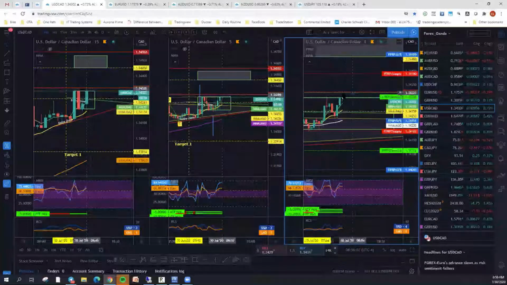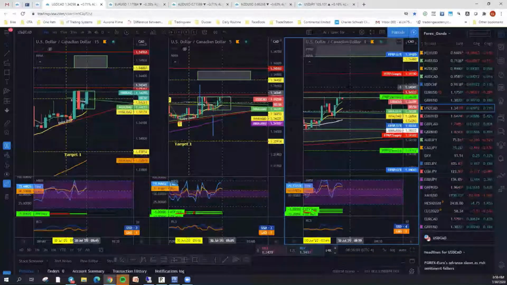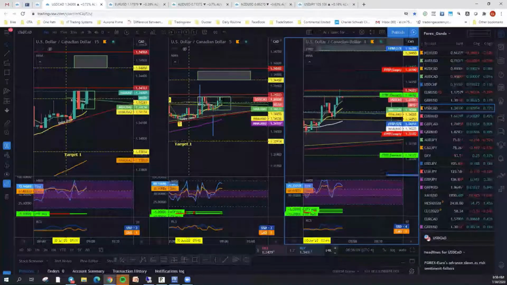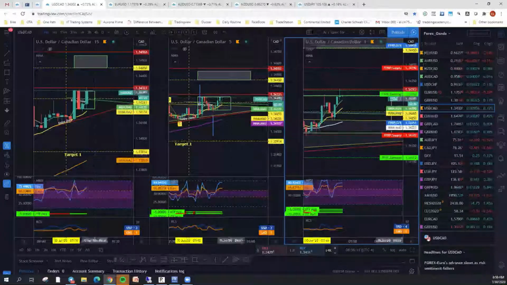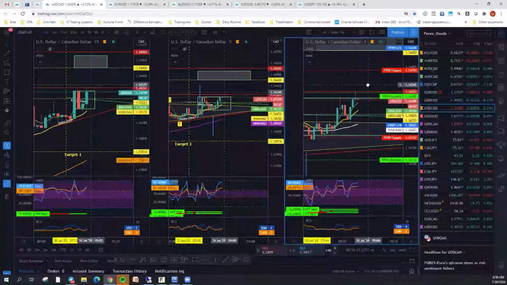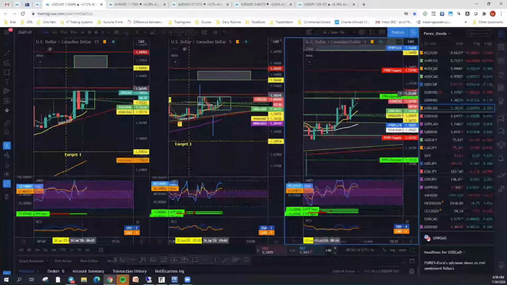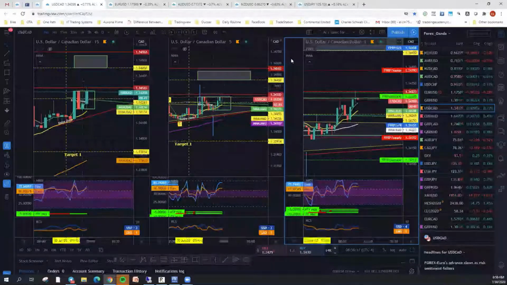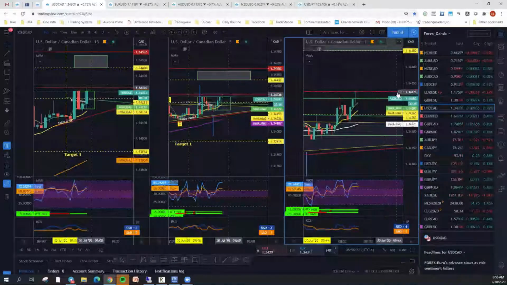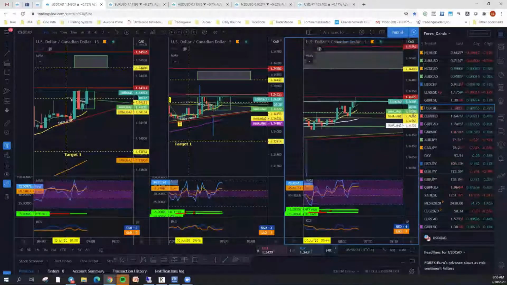And this is a strong line right here. This is also this area, this red area right in here.